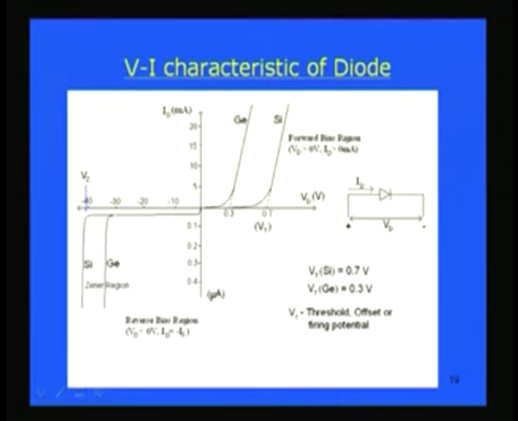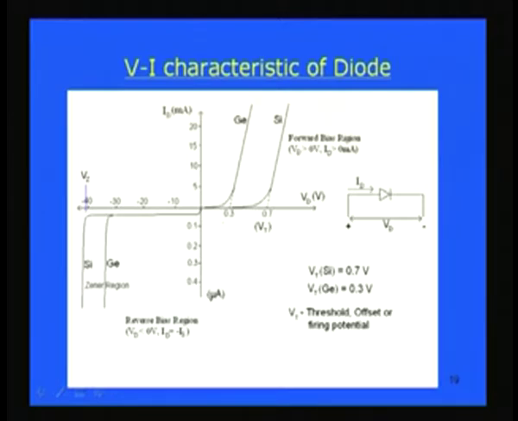Now, if we observe the volt-ampere, or V-I, characteristic of the diode, this plot shows both the reverse bias as well as the forward bias characteristic for two materials, germanium and silicon.